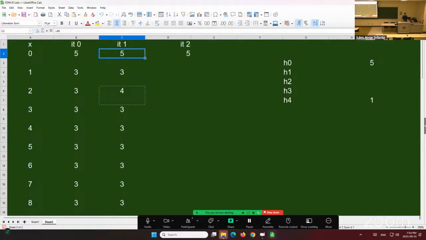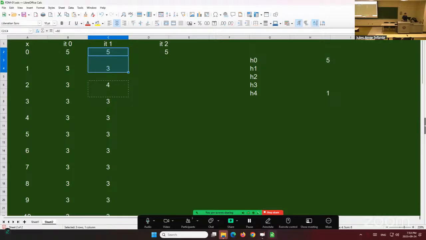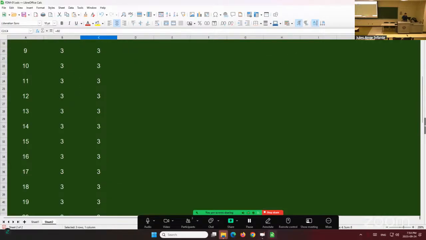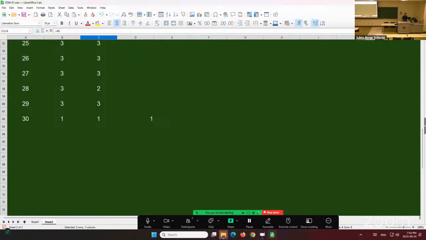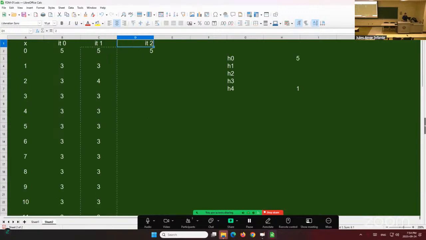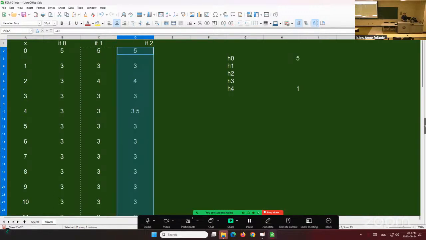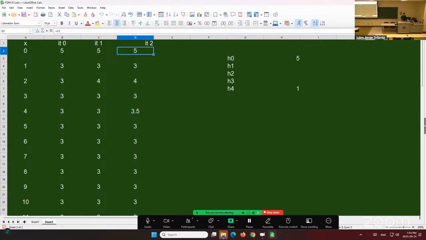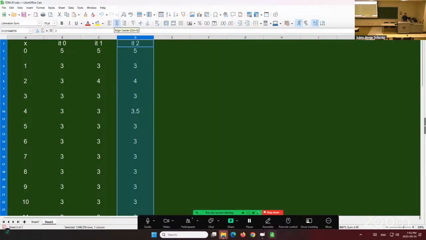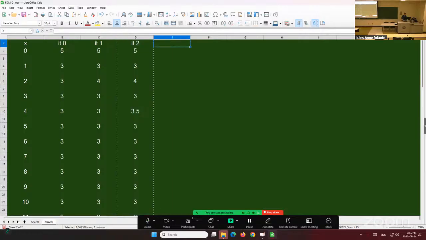If I were to copy the whole thing, do a few more iterations just to see it, we should start seeing the problem very easily.